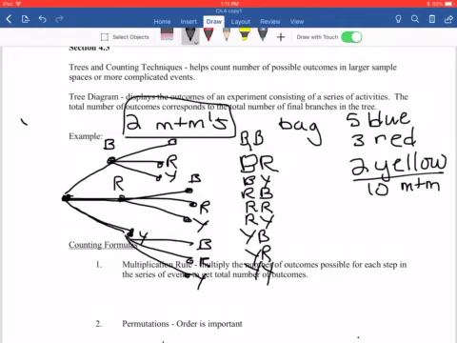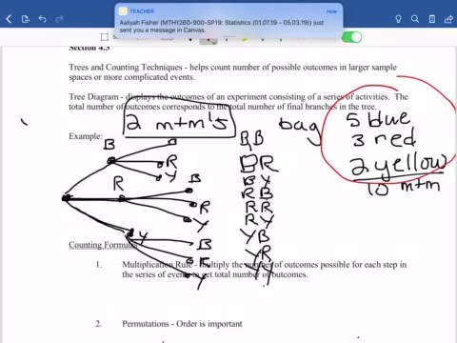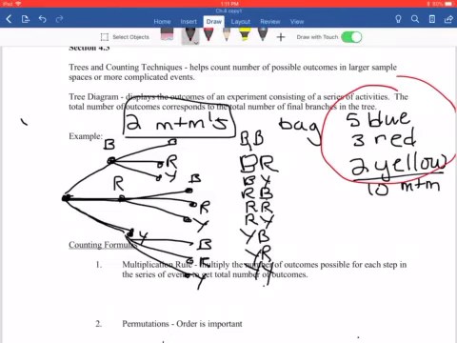Okay? Now these events are not equally likely. So even though I have 1, 2, 3, 4, 5, 6, 7, 8, 9 possible outcomes, to get 2 blues, it's not 1 out of 9 because these are not equally likely because I have different numbers of M&Ms, right? So what I want to do is fill in my probabilities.